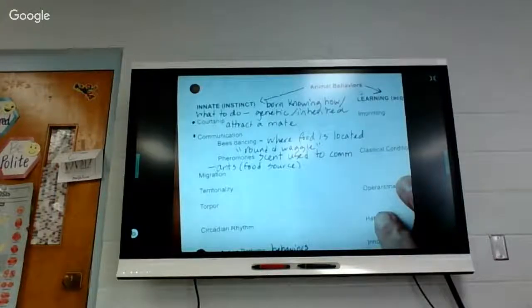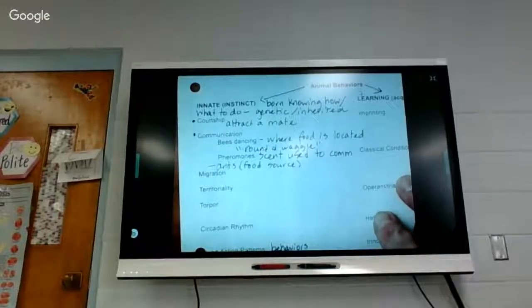We had to figure out and interpret the dances of the bees. And we had to go find the food source. What do they eat? Nectar. Or like pollen. Is that like all they eat? For these, yes. That's nice. Okay? And I'll show you a little diagram of that.